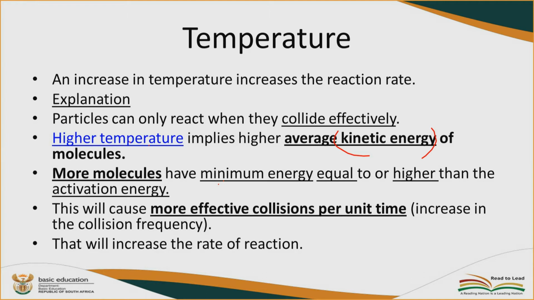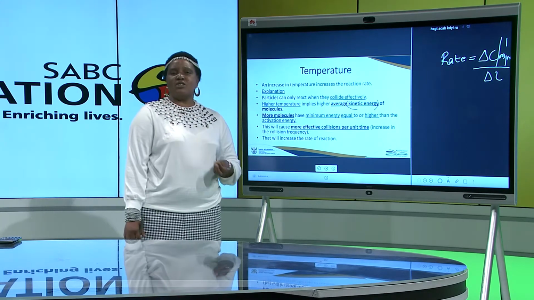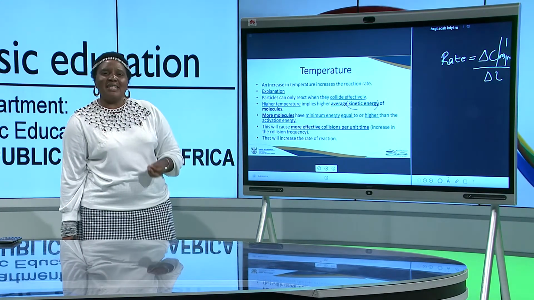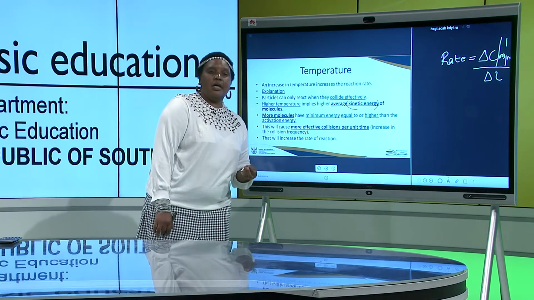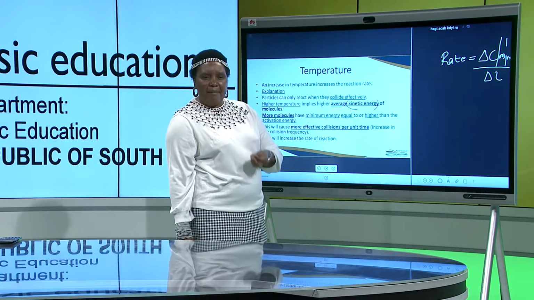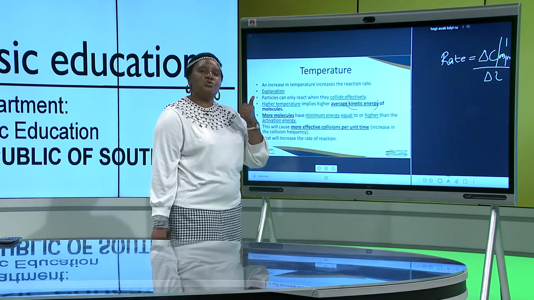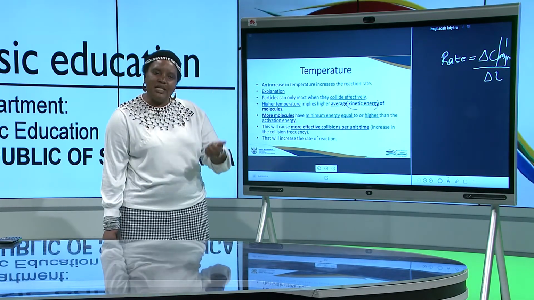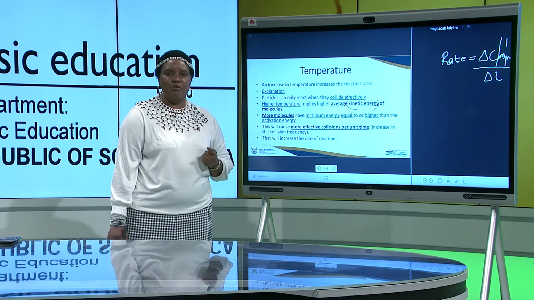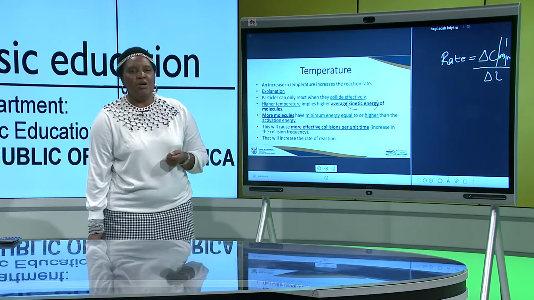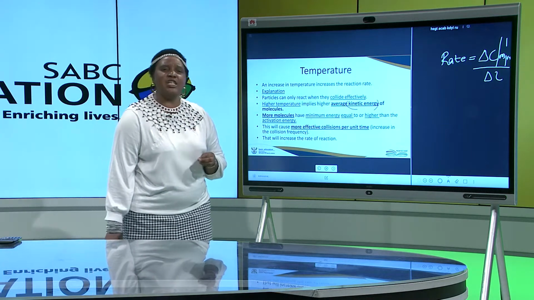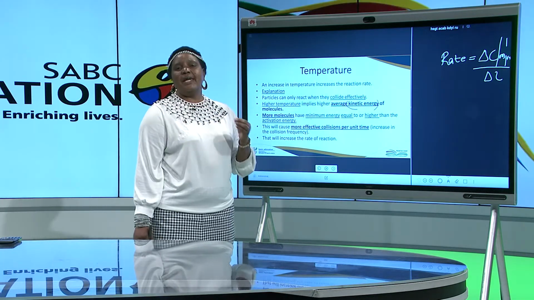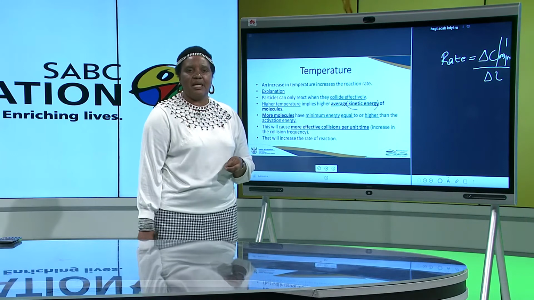So in the examination, the examiner can also ask you to write down the investigative question. In your investigation, learners, you must remember that you are supposed to have the independent and the dependent variable and the relationship.